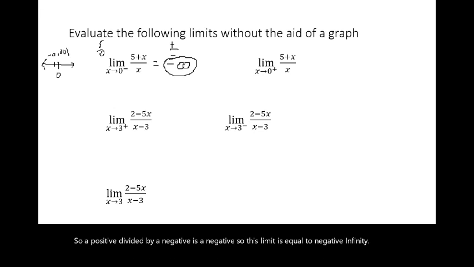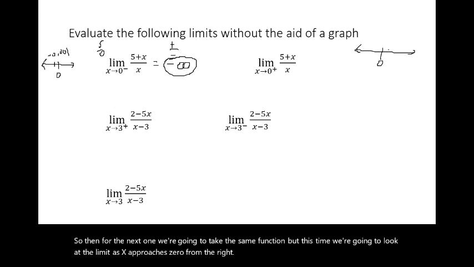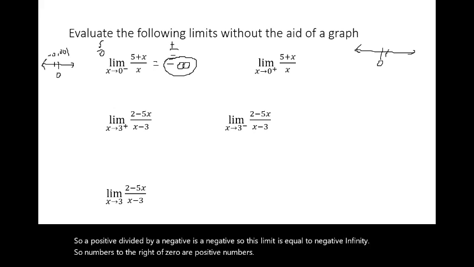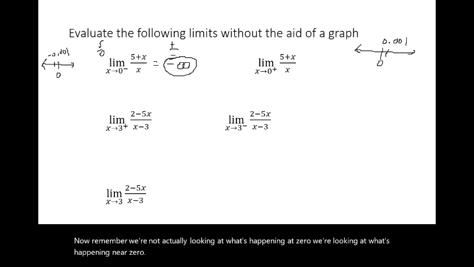For the next one, we're going to take the same function, but this time we are going to look at the limit as x approaches 0 from the right. So numbers to the right of 0 are positive numbers. Now remember, we're not actually looking at what's happening at 0. We're looking at what's happening near 0. So go ahead and, if you want to, mentally or on a calculator, plug in a really tiny positive decimal close to 0, and see what happens.